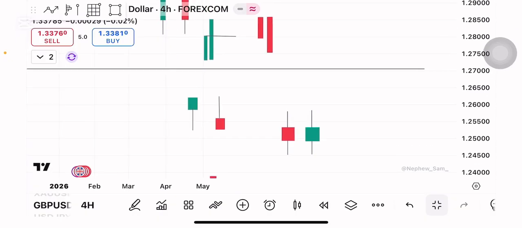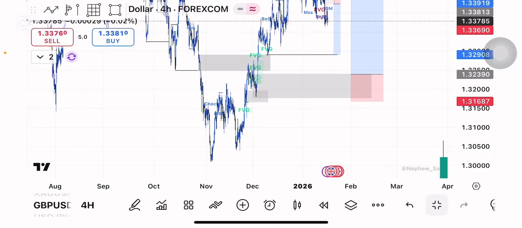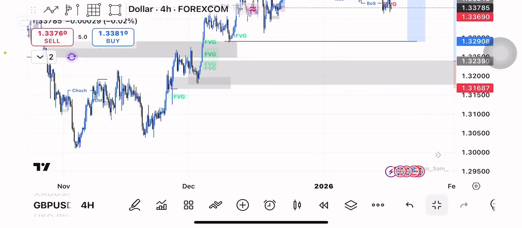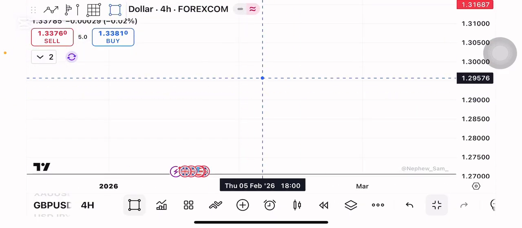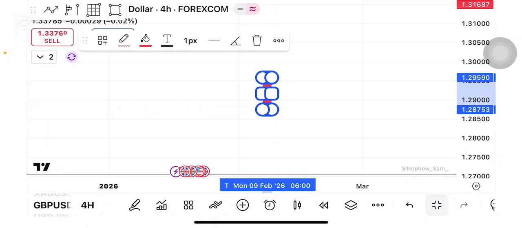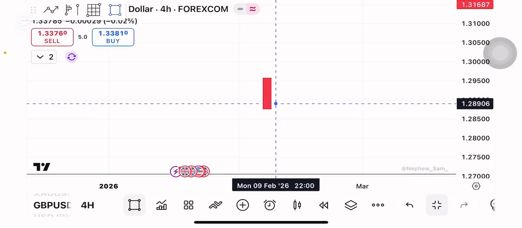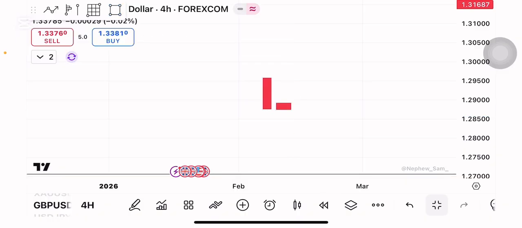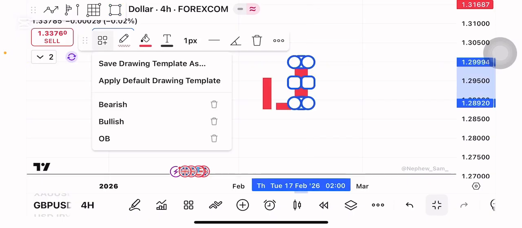And yeah, I'm going to show you an example in the chart, so you guys would see more of an example of what I mean. And there's also one called the morning star. The morning star is something like this. We have a red candle, then the next candle is something like this, and then this one goes off bullish.